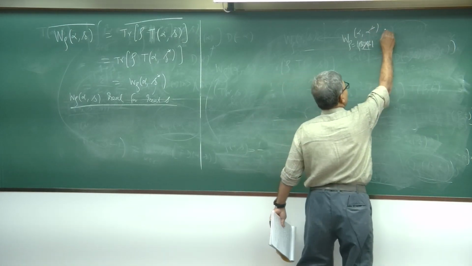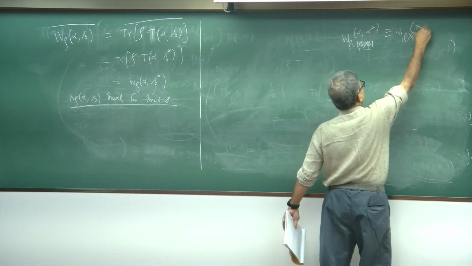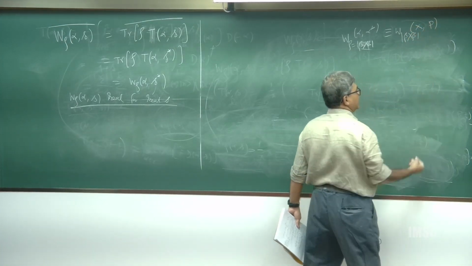So this is alpha alpha star. You can write it also in terms of these quadrature variables x, p.